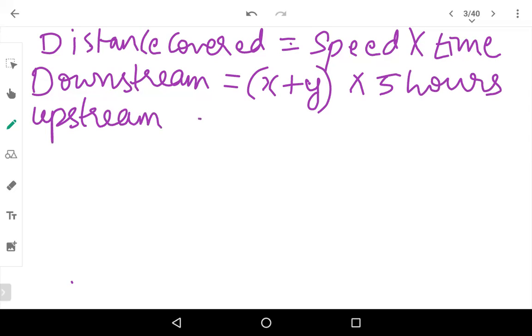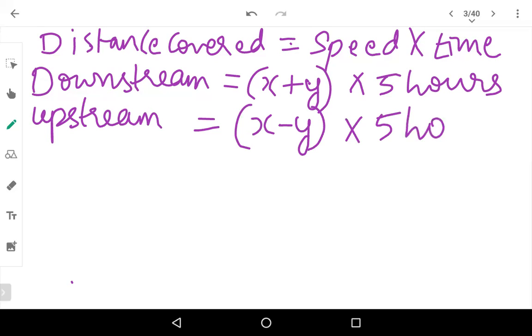Upstream is nothing but x minus y. The speed is x minus y and the time is the same, 5 hours. The time was the same, only the distance covered was different. And one thing which we forgot is the distance covered.